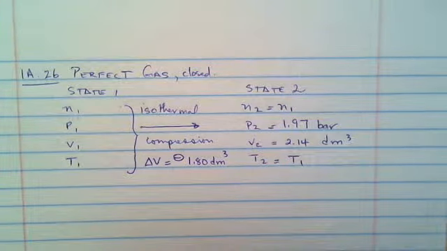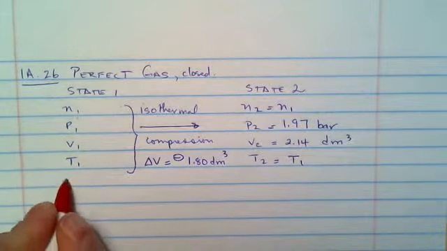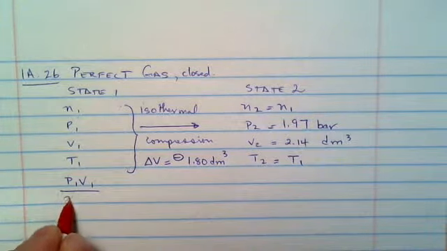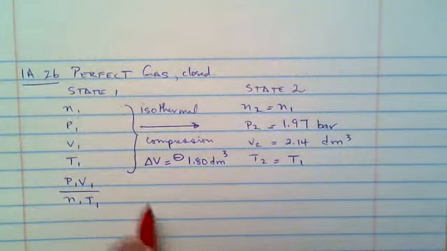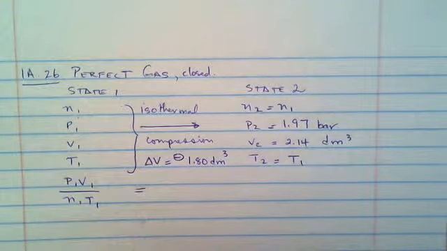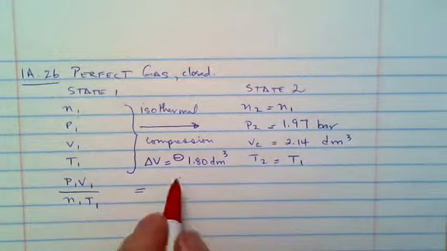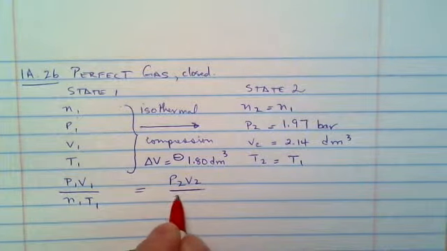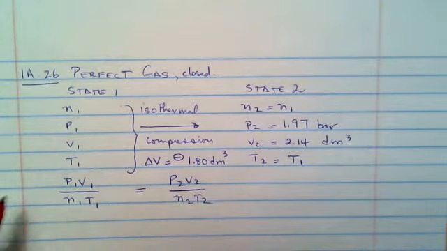That equals T1. So again, I know that P1 V1 over N1 T1 is equal to R, a constant, and so it's also equal to P2 V2 over N2 T2.